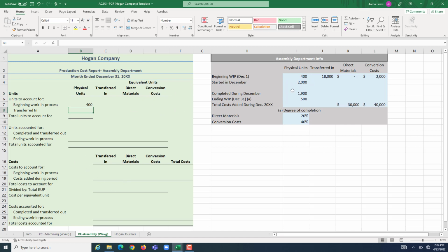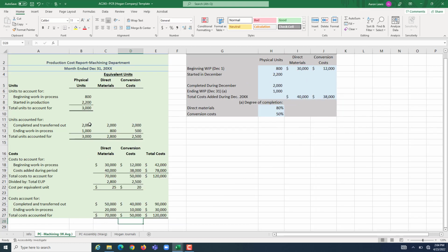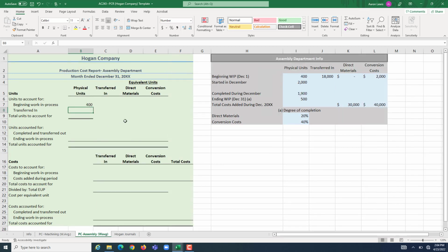That's 2,000, which is given in the information, but it's also equal to the physical units which were completed and transferred out from the prior department. What comes out of one department goes into the next department in the production chain. So we're going to bring that 2,000 over, which means we need to account for the 2,400 gonculators which came into the assembly department during the period.